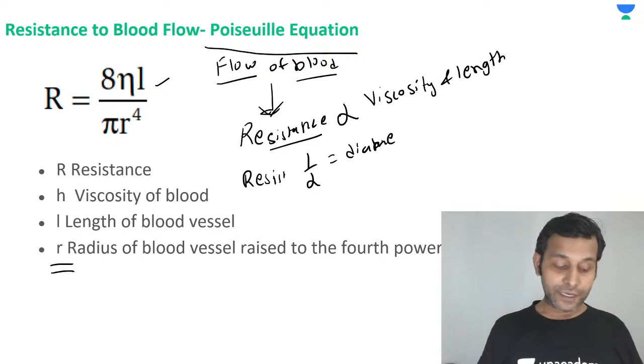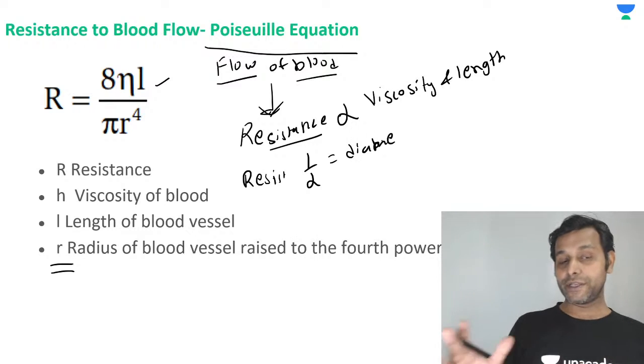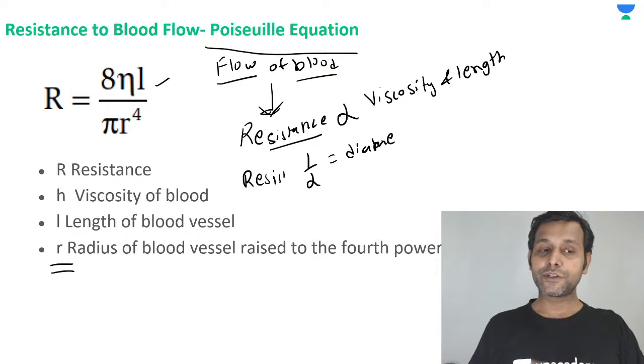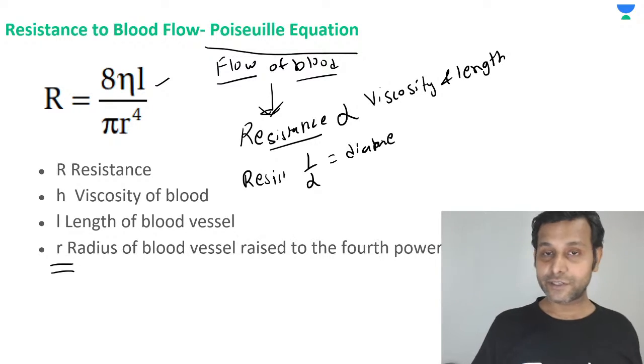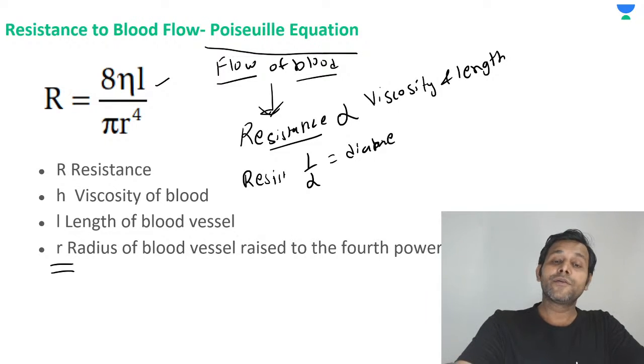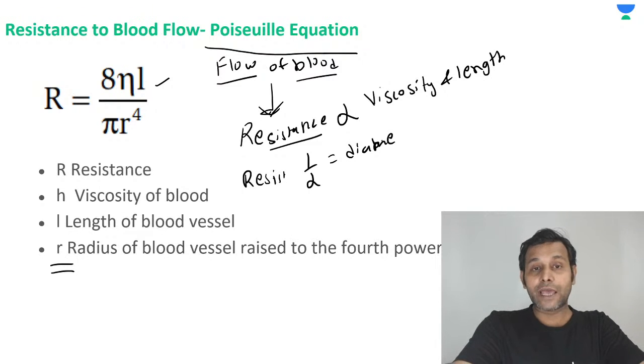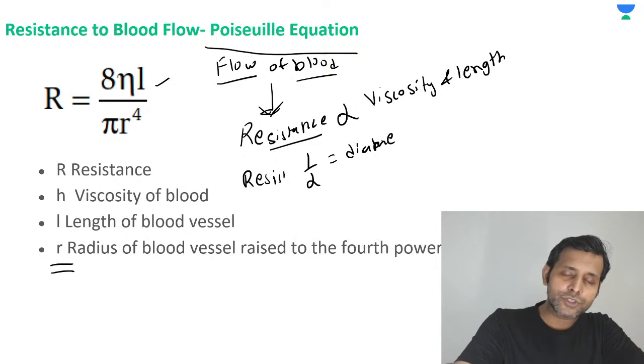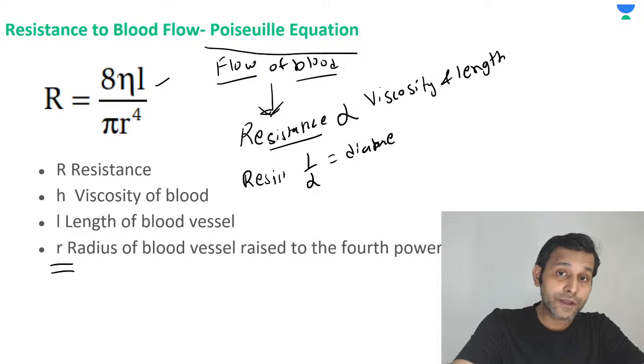As the viscosity increases, the resistance also increases. Let us take the situation for all three of these. Length of the vessel: the length increases as the vessels go from arteries to capillaries, because capillaries share a huge length. Lengthwise the capillary is very, very huge.